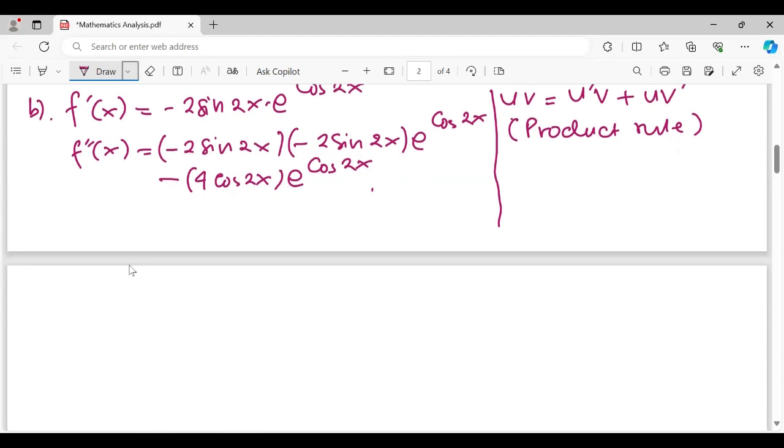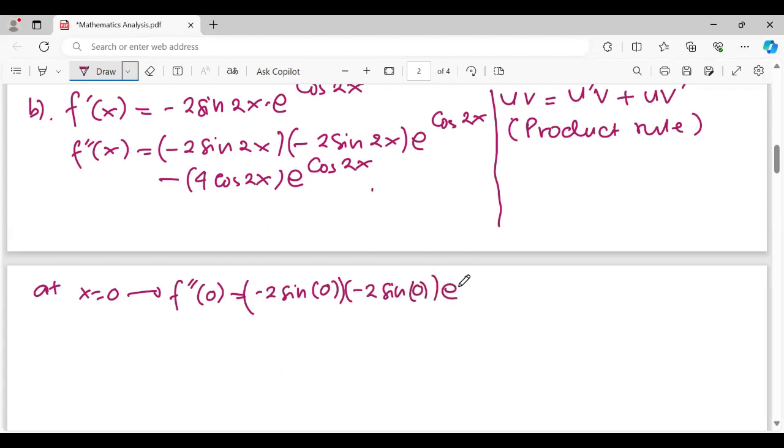Now we check one by one. At x equals 0, it becomes minus 2 sine 0 times minus 2 sine 0 e power cosine 0 minus 4 cosine 2 times 0 e power cosine 0.